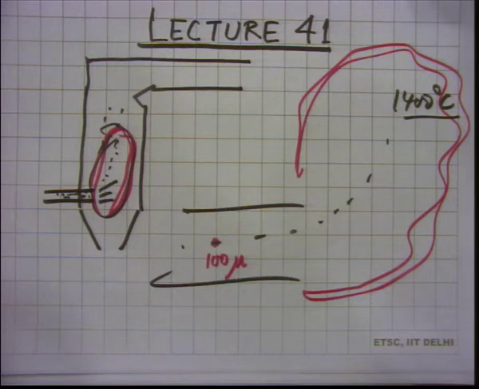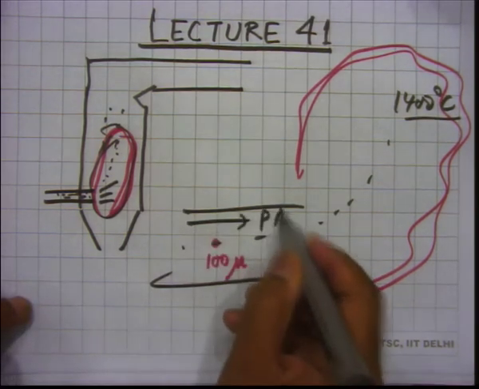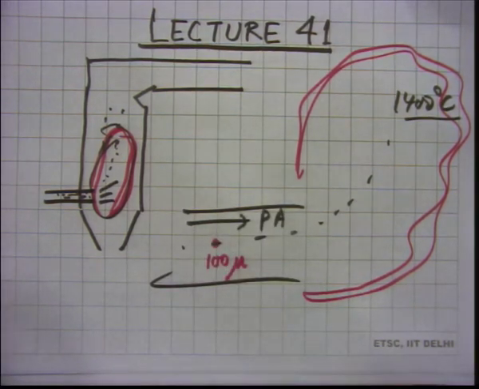In less than 1 millisecond, now he's talking about time, the particle reaches 100 degrees Celsius. 1 millisecond is a very short time, right? So it reaches 100 degrees Celsius, and the moisture is drawn off. Of course, we have to remember that the particle was coming through with primary air, coal particles along with primary air.